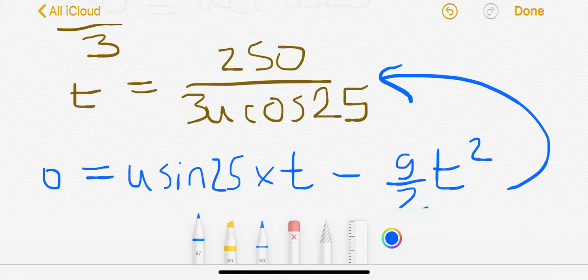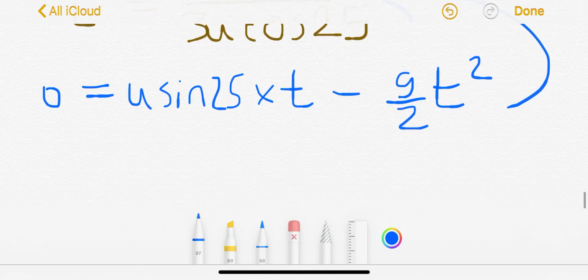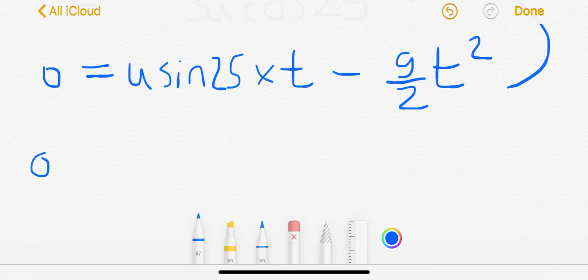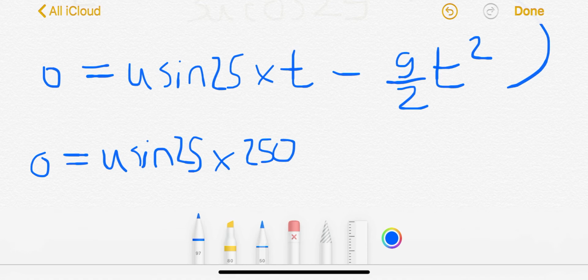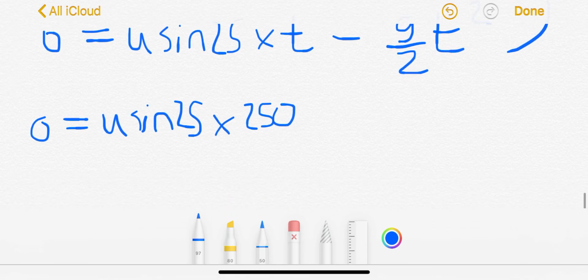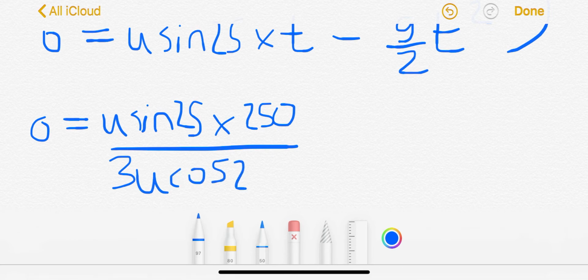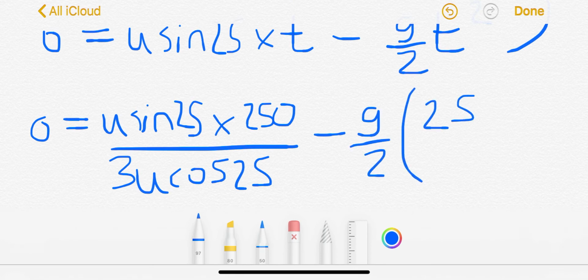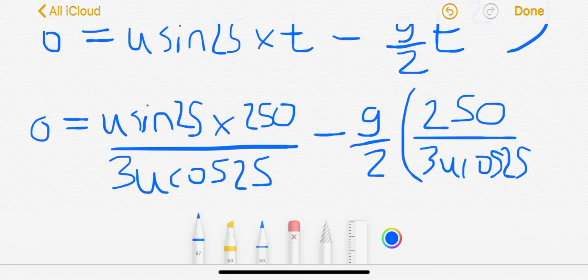If we substitute that in, we get 0 equals u sine 25 times 250 divided by 3u cos 25, minus g over 2, 250 over 3u cos 25, all squared.